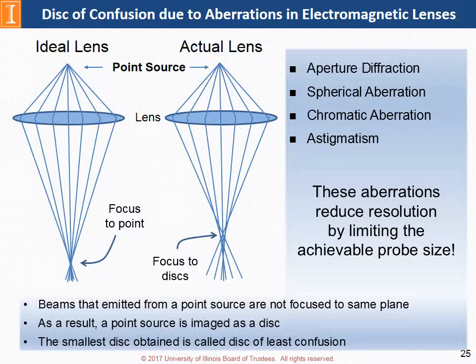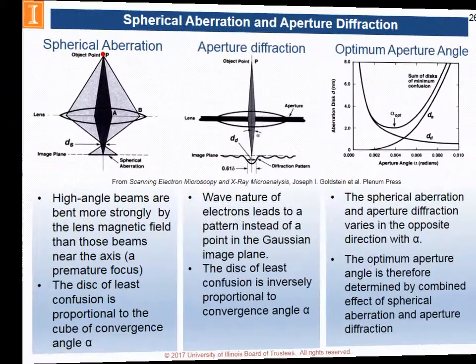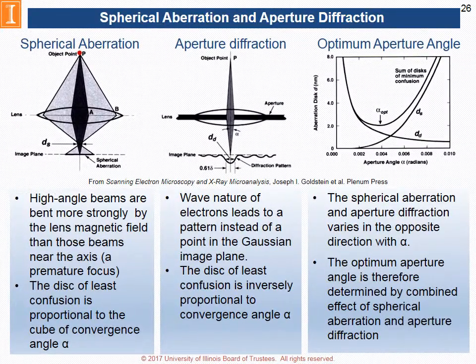The effects which cause different beams to focus to different planes are called aberrations. They are aperture diffraction, spherical aberration, chromatic aberration, and astigmatism. These aberrations reduce resolution by limiting the achievable probe size. Spherical aberration and aperture diffraction.